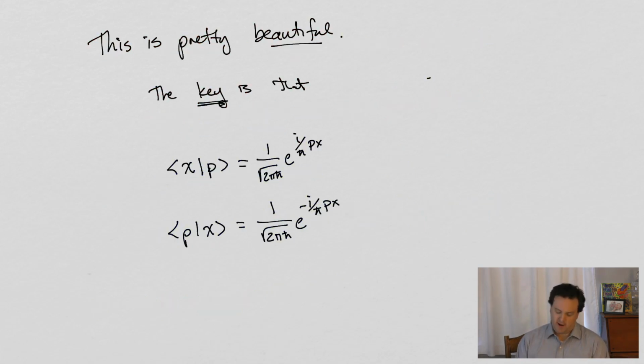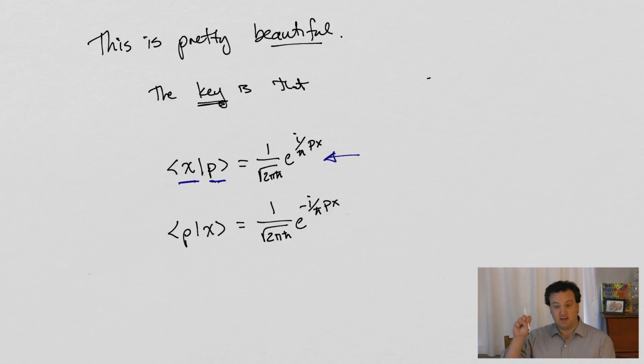This is pretty beautiful, right? It's awesome to think about how this parallelism that we have with position and momentum now finds itself inherent in what we talk about with quantum mechanics. And of course, this goes back to the fact that if I take a momentum space eigenfunction, which is the ket p, and I get the position space wave function, then I get this thing in the first line.